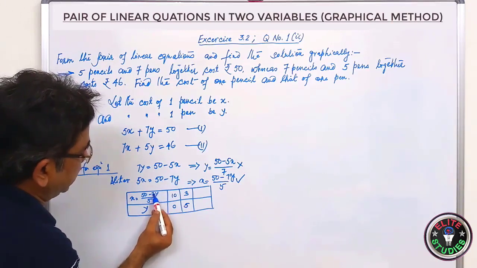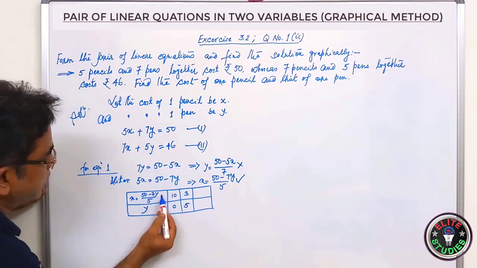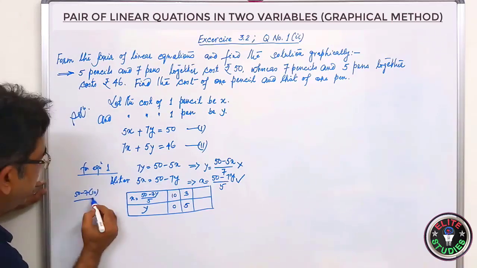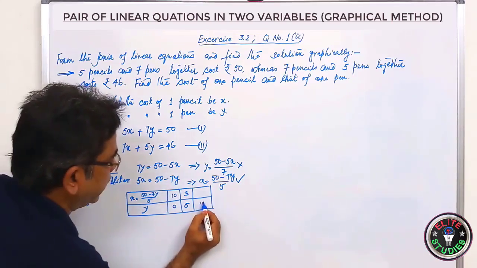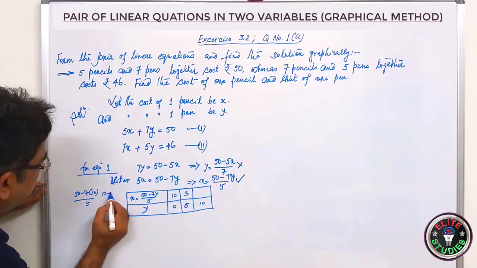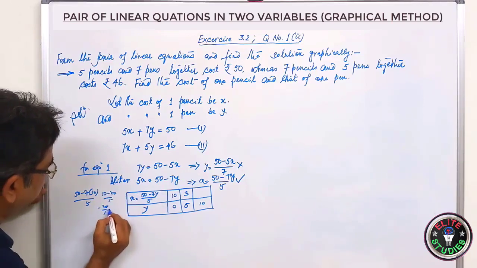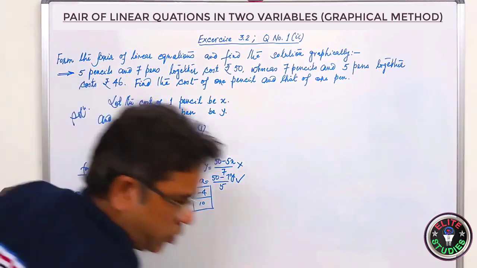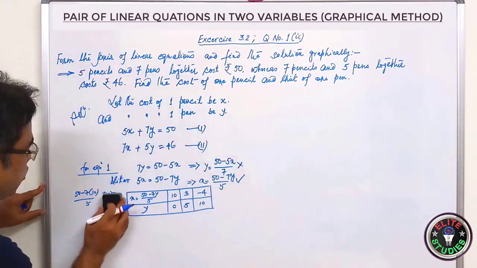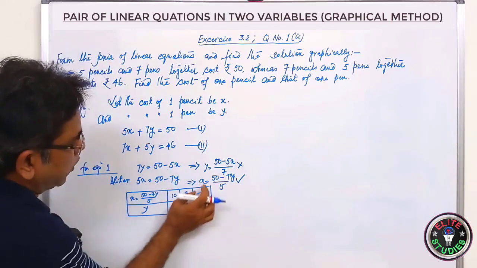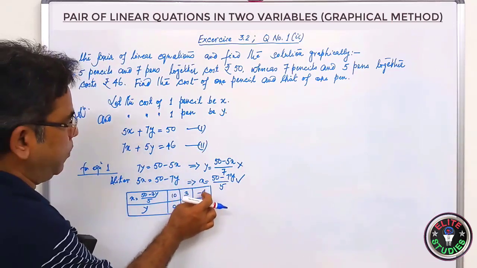You can consider 10. So 50 minus 7 into 10, by 5. 7 10s are 70. 50 minus 70, by 5, so minus 20 by 5, so it is minus 4. So we have got these 2 points. First of all, we will plot these 2 points, and for confirmation only we will plot this one.